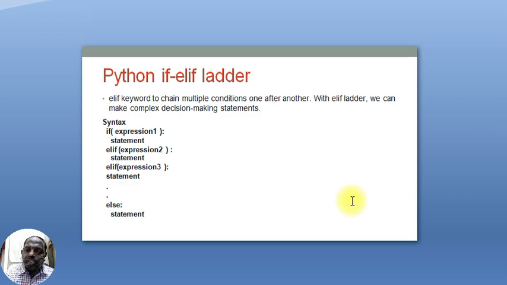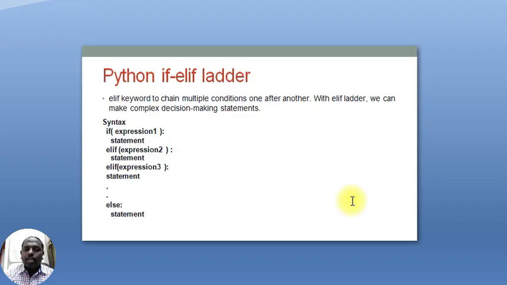Here is the example syntax: if expression 1, statement 1; else if expression 2, statement 2; else if expression 3, statement 3. If expression 1 is true, statement 1 is executed and it comes out of the if block.